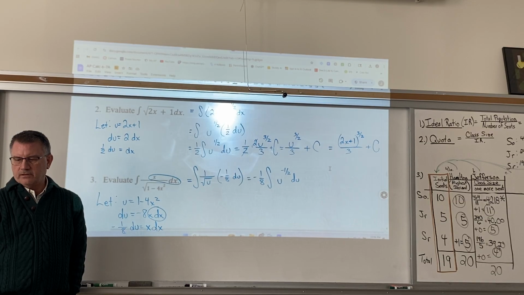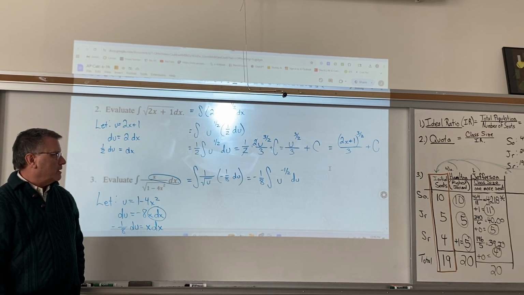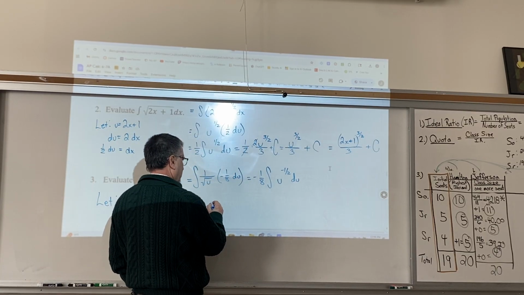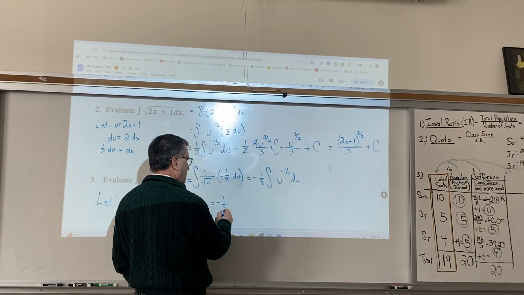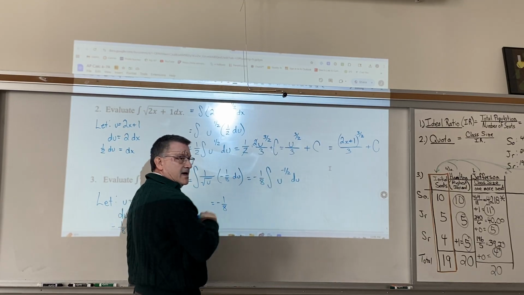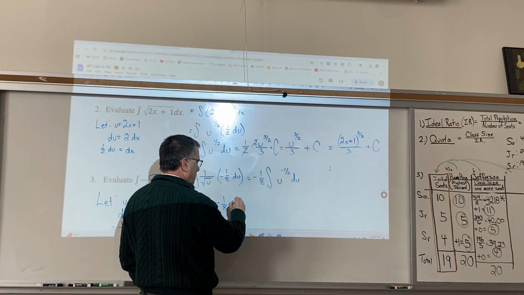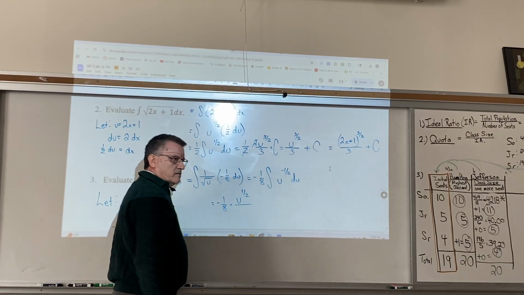Is that okay to do that? Okay. And so now let's take the integral. I want the negative 1/2 to not get in my way. Add 1 to the exponent, u to the 1/2 over 1/2.